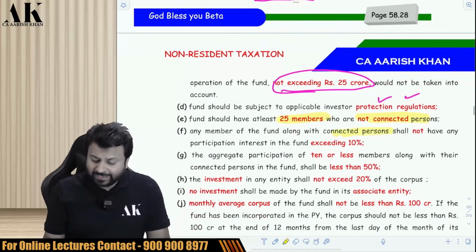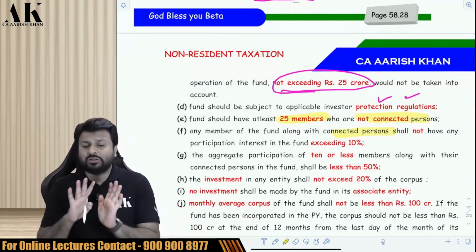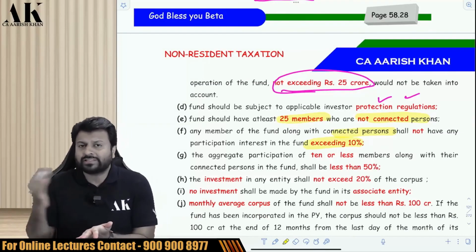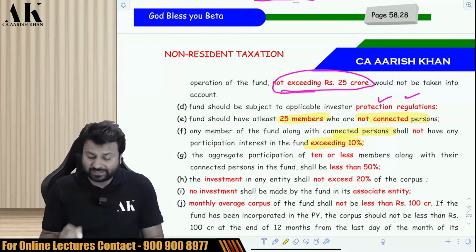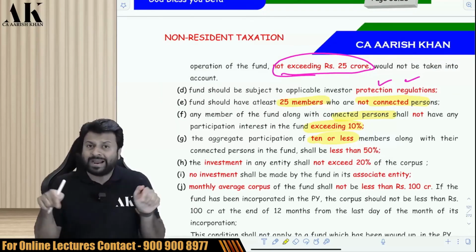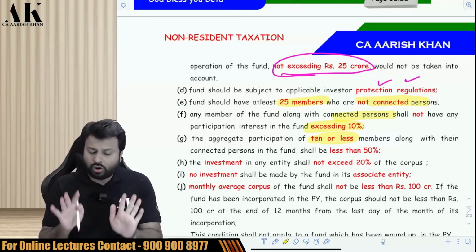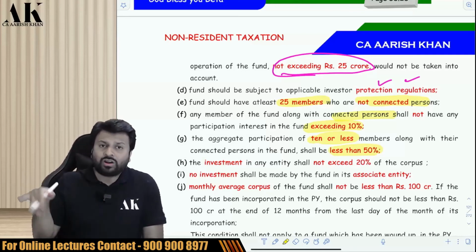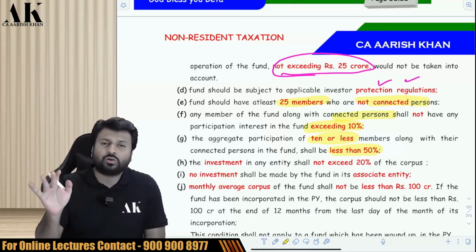Next, any person along with a connected person should not hold more than 10% in the fund. Next, 10 or fewer members taken together in combination should not hold 50% or more. It should be less than 50% stake.